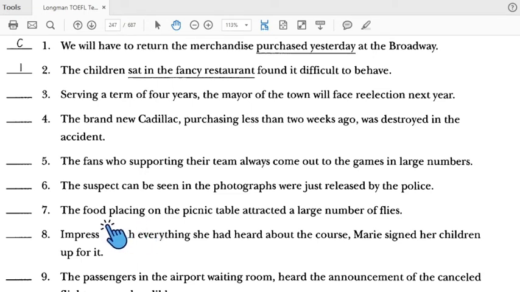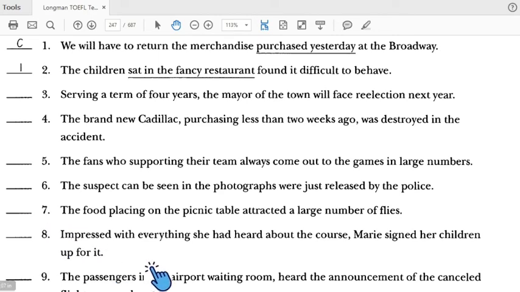The food can't move by itself, so we have to make it passive voice: "The food which was placed on the picnic table", so "which was" is erased. This one is past, so we have to make it past. Number 7 is also incorrect.